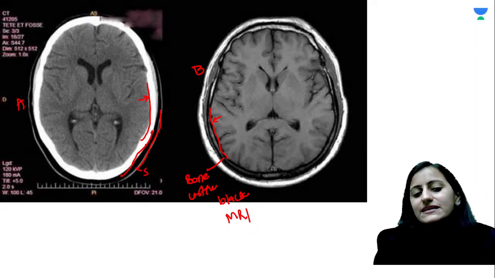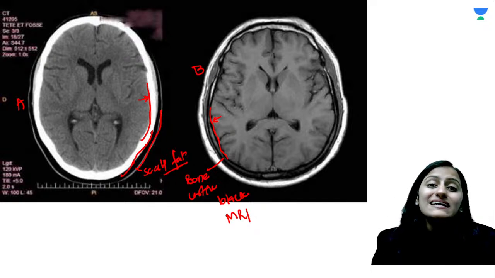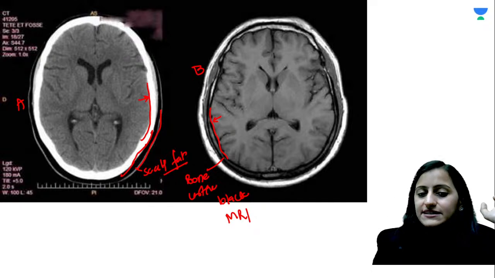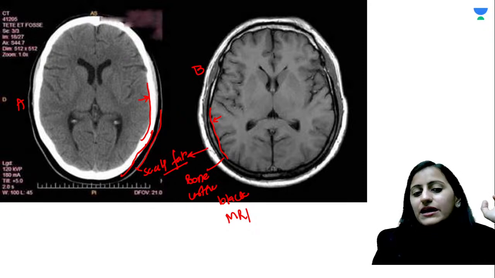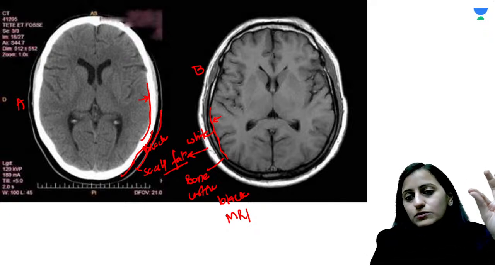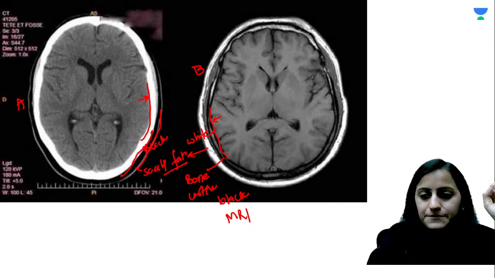That is basically the fat of the scalp. You can see that fat appears black on CT because it has negative HU value. It is less dense. This is the fat on MRI. It is white on MRI. It is black on CT scan. So focus on the bone. Okay, focus on the bone. All right.